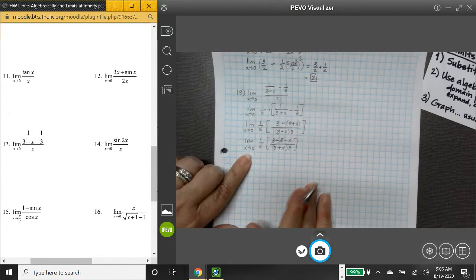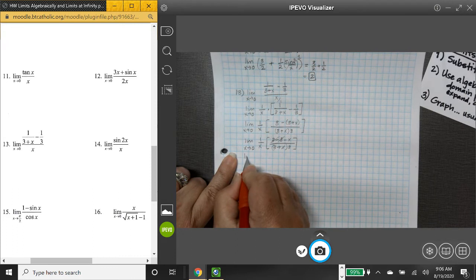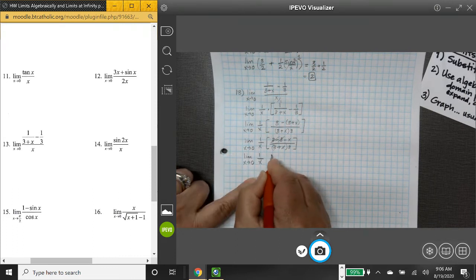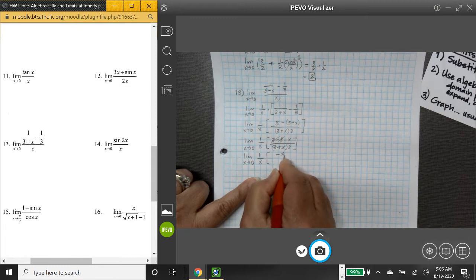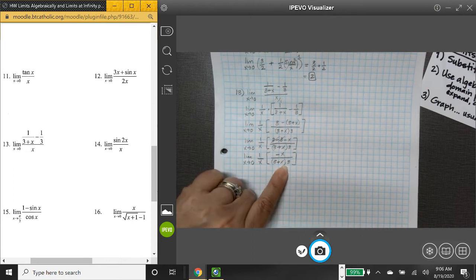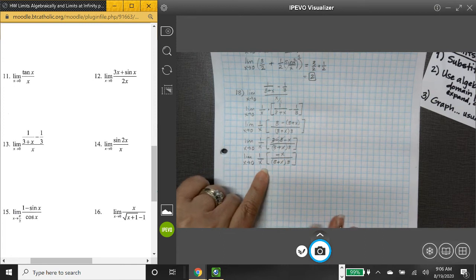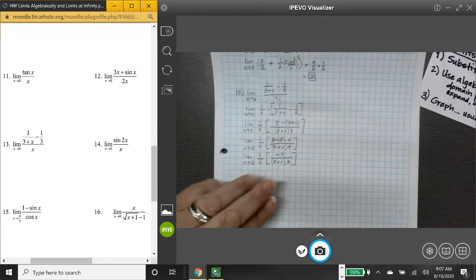And the 3's cancel, which is nice. And we can say the limit as x goes to 0 of 1 over x, and I get in brackets here, negative x over 3 plus x times 3. Now you might ask, why, Mrs. Muller, are you not distributing this? Well, I'm not distributing this for a reason, and the reason is that this x is eventually going to go to 0, so that's a wasted effort to multiply that out, okay?